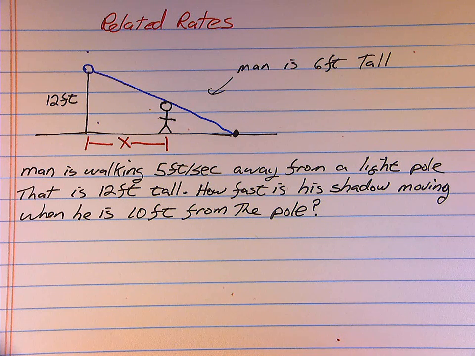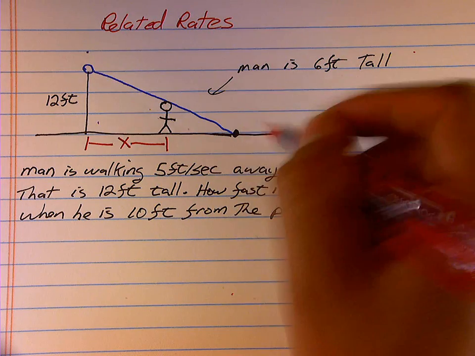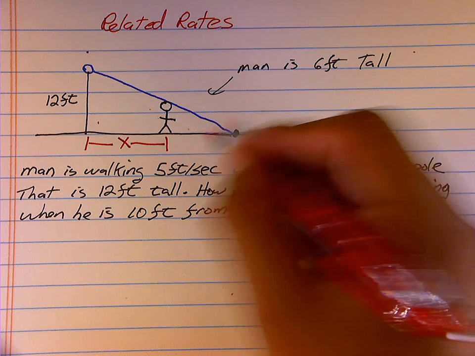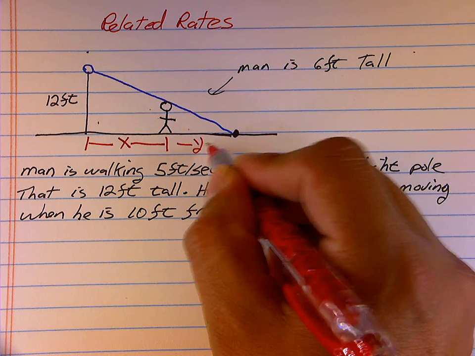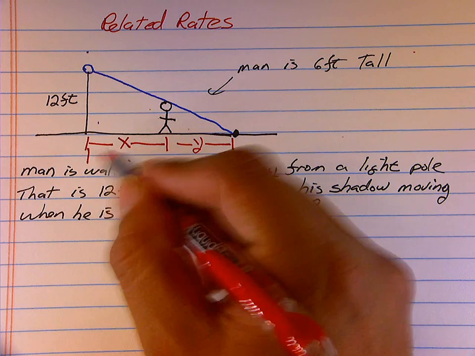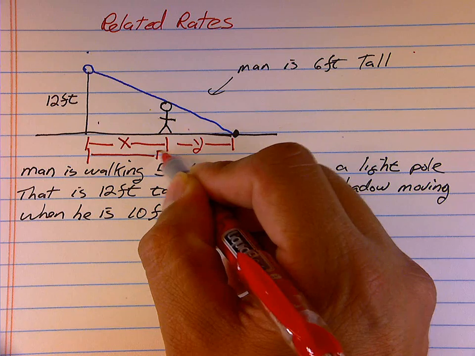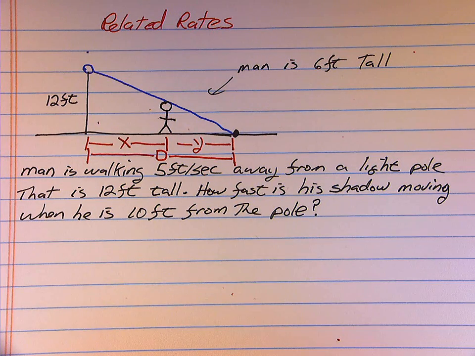Now, his shadow, I'm going to call the distance from him to the shadow's tip Y. The distance from the shadow to the pole I will call D. Notice, I don't really want to know how fast the shadow is growing.